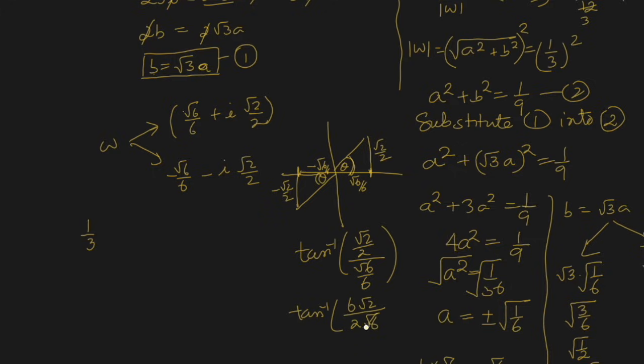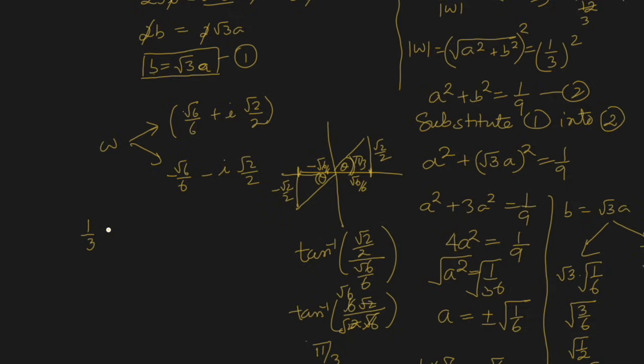So this will give me square root 6, this will give me square root 2. So square root 6 divided by square root 2 is square root 3. Tan inverse square root 3, which is pi by 3 again. Alright, so I got my angle. This is pi by 3.